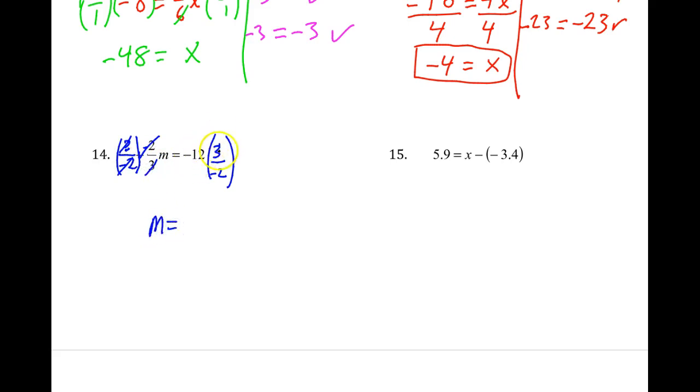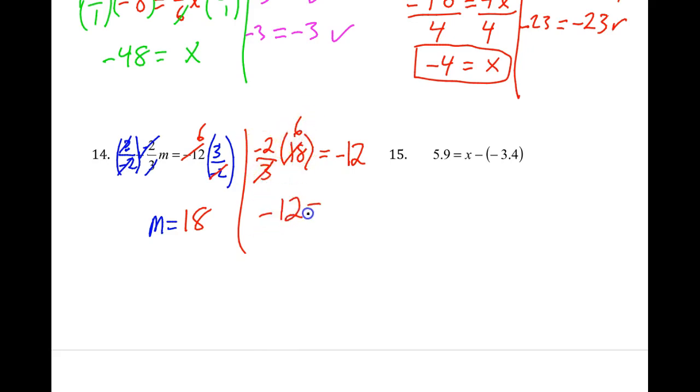We'll have negative 12 times 3, which is negative 36, divided by negative 2, which is 18. Or we can say that negative 2 goes into negative 12 6 times, and then 6 times 3 is also 18. So we got negative 2/3 times 18 should equal negative 12. So 3 goes into 18 6 times, and sure enough, does equal negative 12.